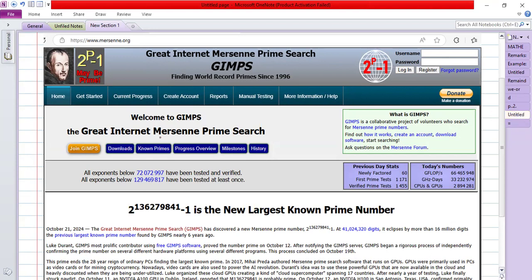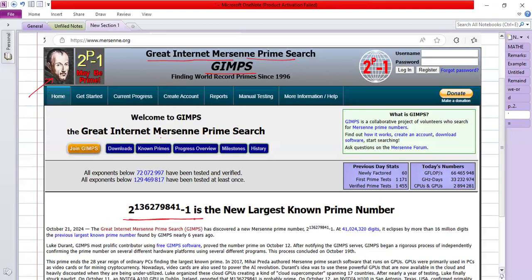Now, there is a great internet Mersenne prime search going on. Its short form is GIMPS. You can see a photograph here. This is the person Mersenne, Marin Mersenne. He was a French monk who studied these primes in the 17th century.